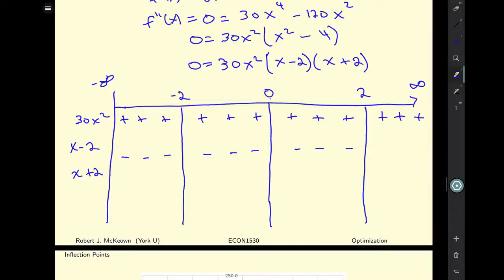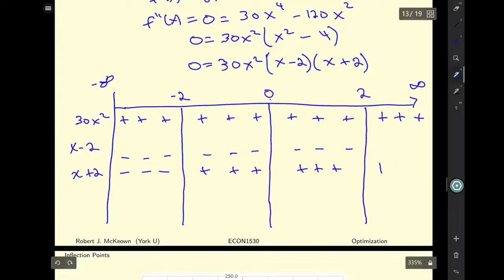And x plus 2: if x is less than negative 2, this thing is going to be negative. But if x is greater than negative 2, it's going to be positive. Oh, and I forgot to finish the top one, so I'll add in the pluses there. If x is greater than 2, say x were 3, 3 minus 2 is equal to 1, so clearly it's going to be positive for any x greater than negative 2.